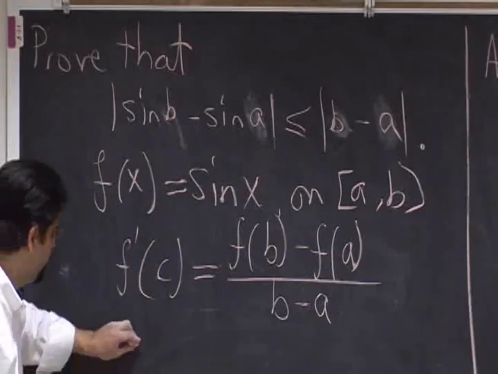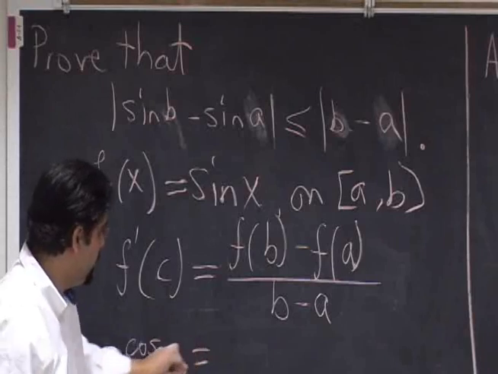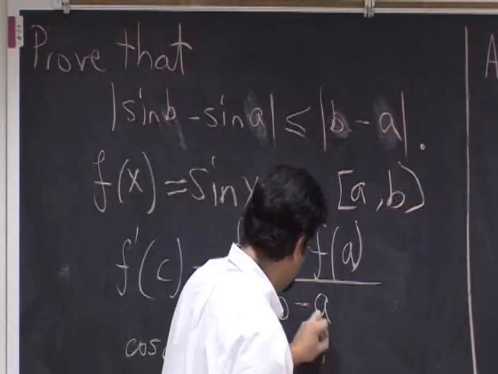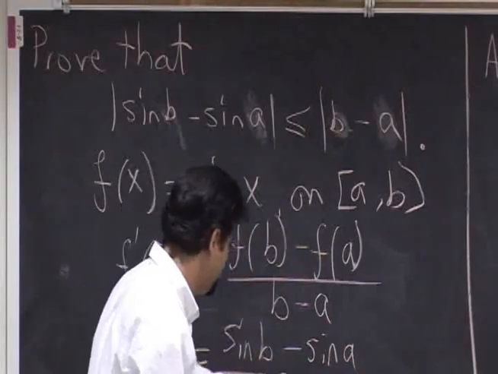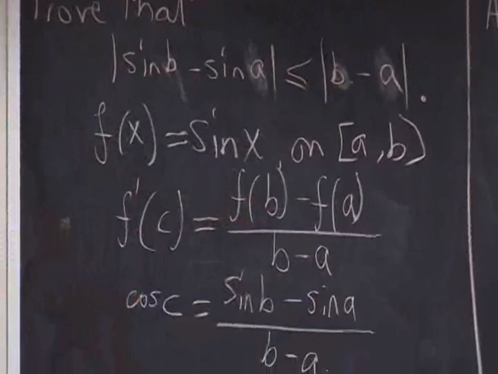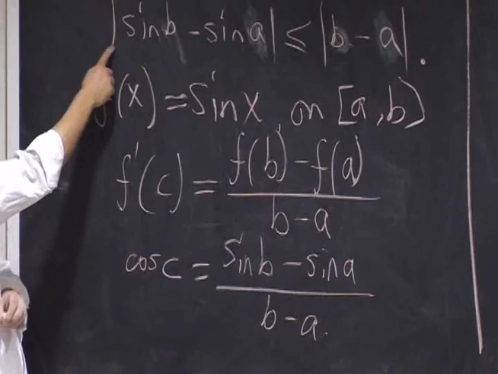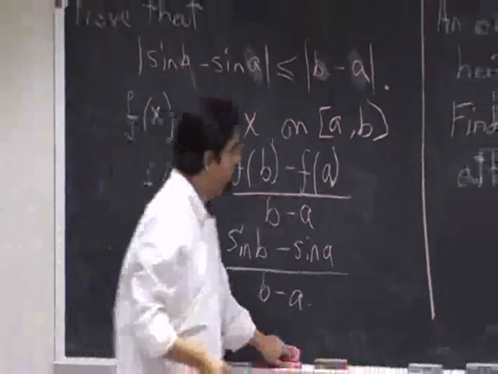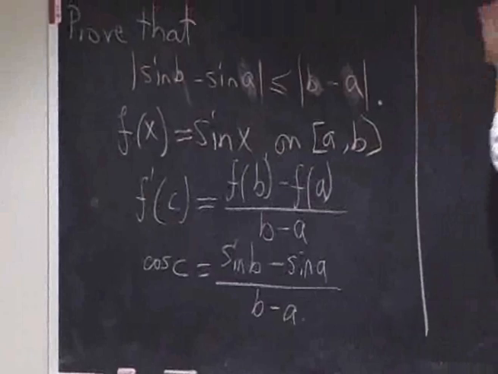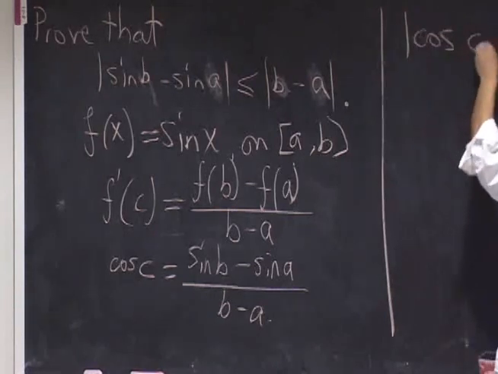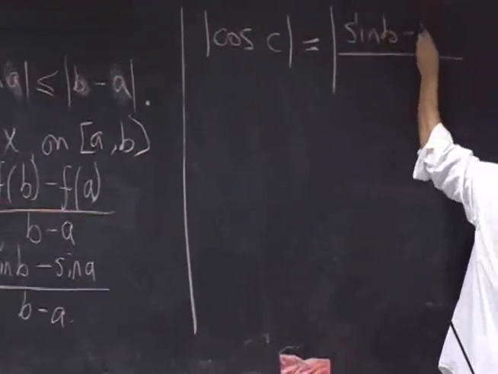So cosine c is equal to f of b, which is sine b minus sine a, over b minus a. Okay, so we're getting close. One of the things that we need is these absolute value bars, so we'll just put them, because we know that if two quantities are equal, then their absolute values are equal. So in other words, the absolute value of cosine c is the absolute value of the right-hand side.